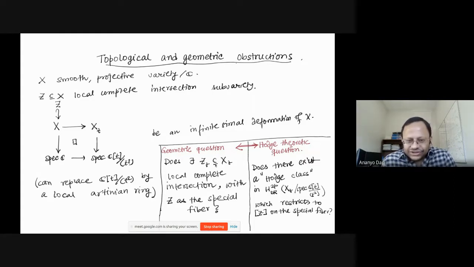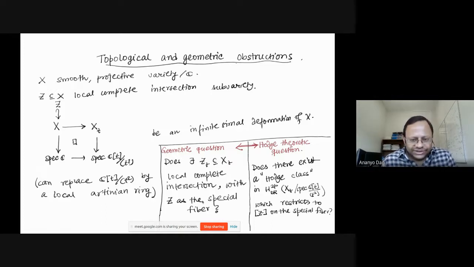One side is the geometric question, which I just said: whether the local complete intersection subvariety Z in X deforms to a local complete intersection subvariety X_T when I take an infinitesimal deformation. Here I have taken a first order infinitesimal deformation, but you can replace it by any local Artinian ring, which means that you can look at any infinitesimal deformation.